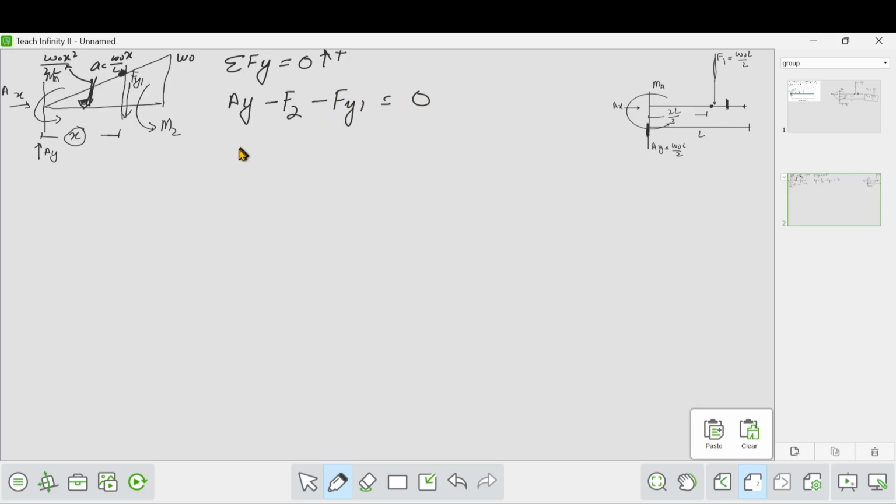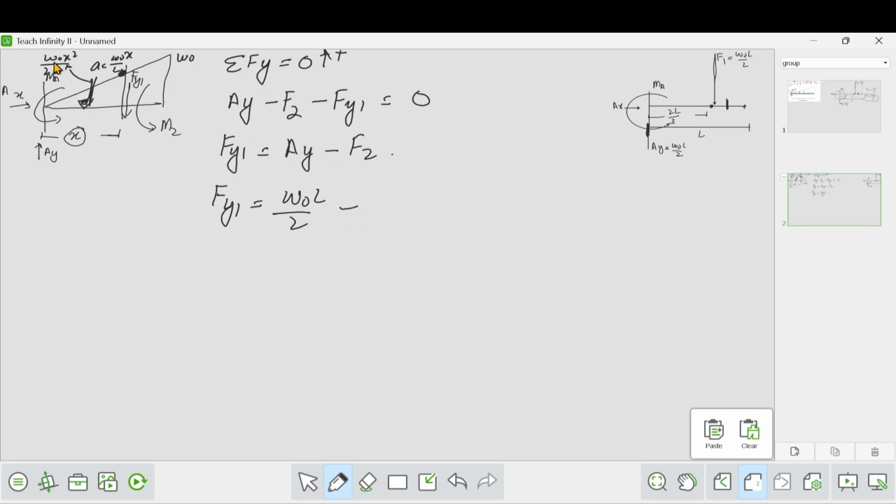So I am finding Fy1. Fy1 will equal AY negative F2. So Fy1, this is the shear force. What will be the value of AY? I have found AY, which is omega naught L divided by 2, negative F2.